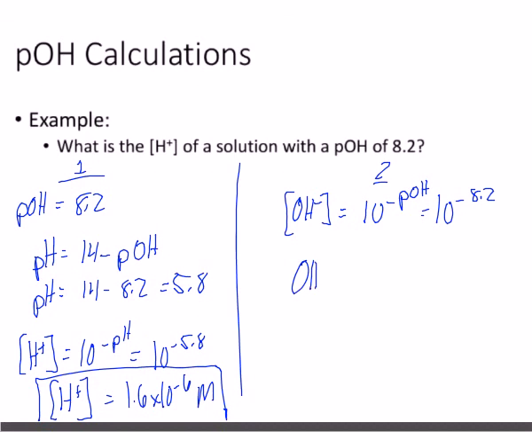Well, when I do that math, what's your hydroxide ion concentration, guys? 10 to the negative 8.2. Somebody do that for me, please. Okay, so that got me my hydroxide ion, guys.